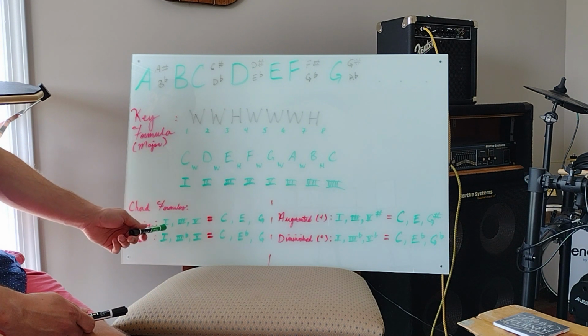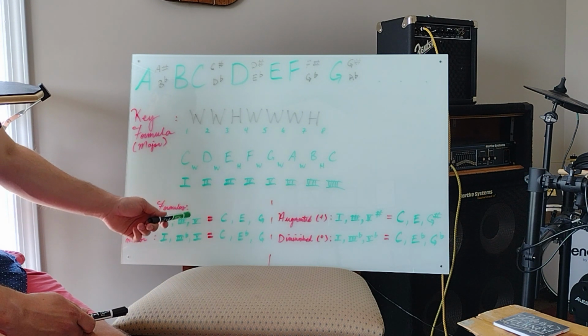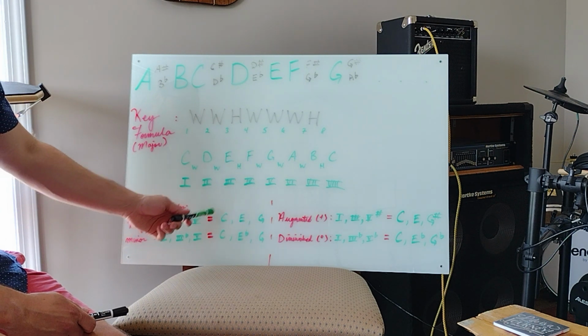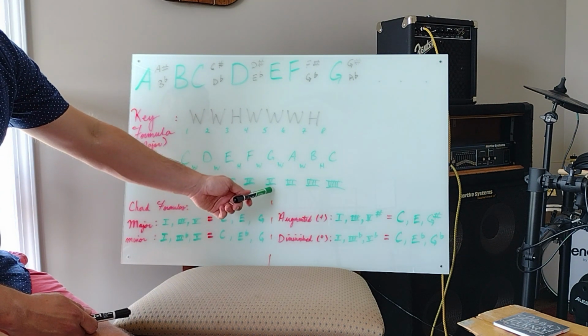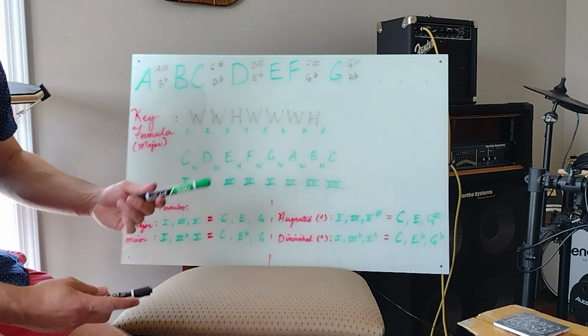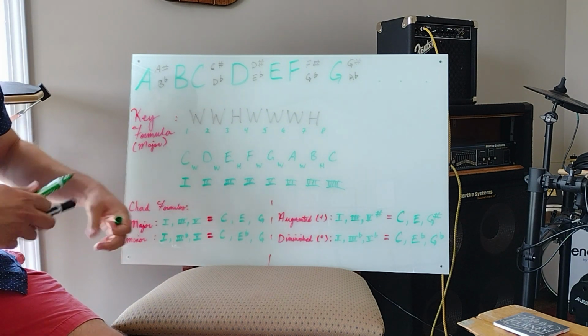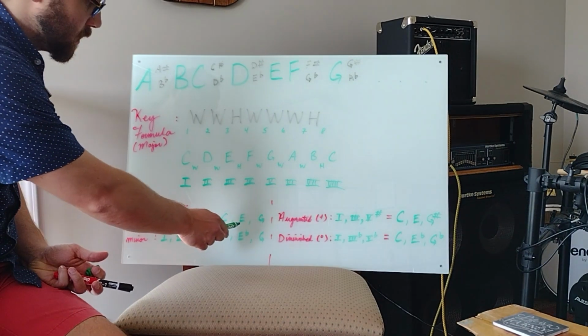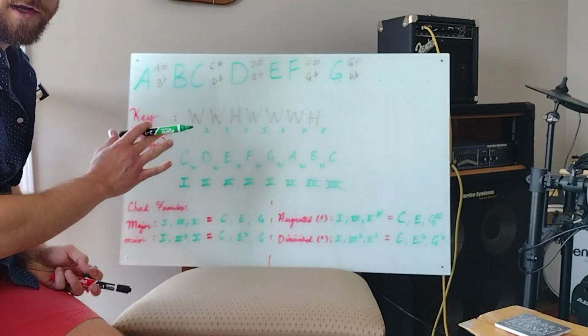This is number 1. And then we're going to find our third note, which is E. We're going to find our fifth note, which is G. And then we know that our C major chord is going to be only comprised of C's, E's, and G's, and it can contain any amount of them.